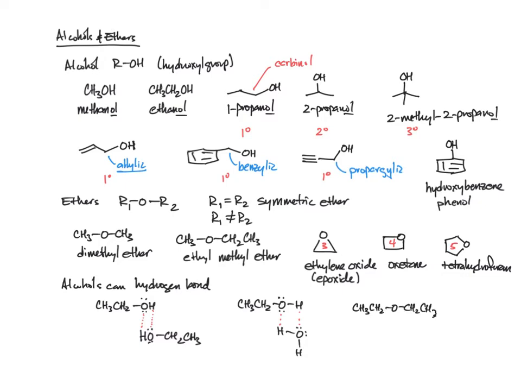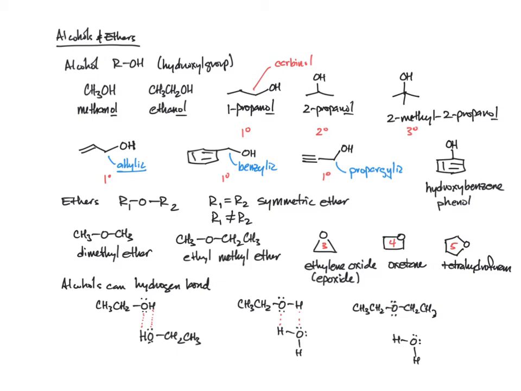mixed with water, you would see that the water can act as a donor of a hydrogen bond. So it's donating OH, it's donating a hydrogen bond. The ether can accept it through that lone pair.